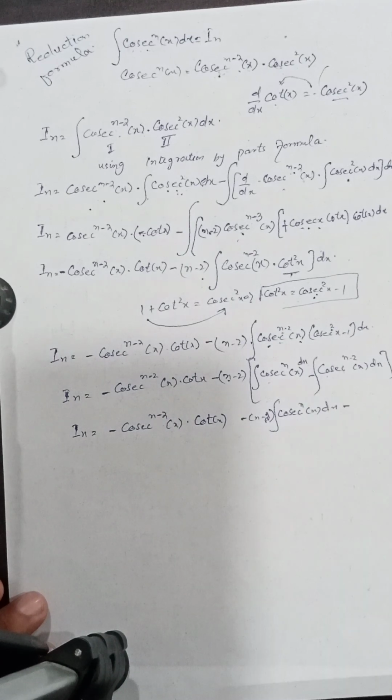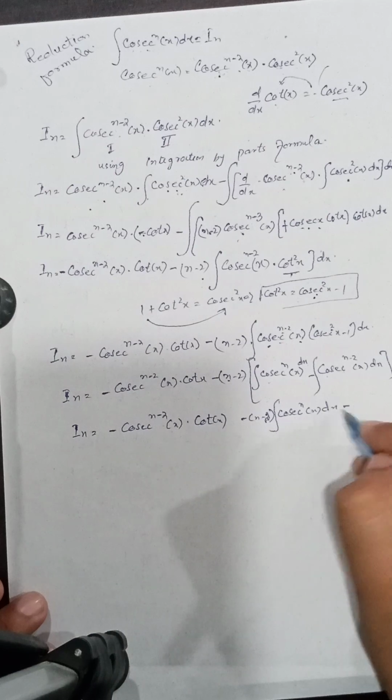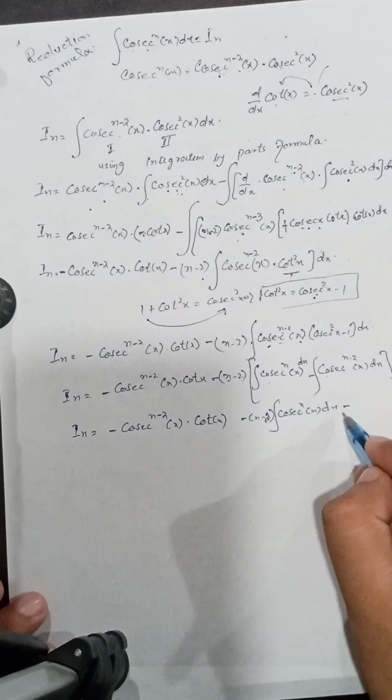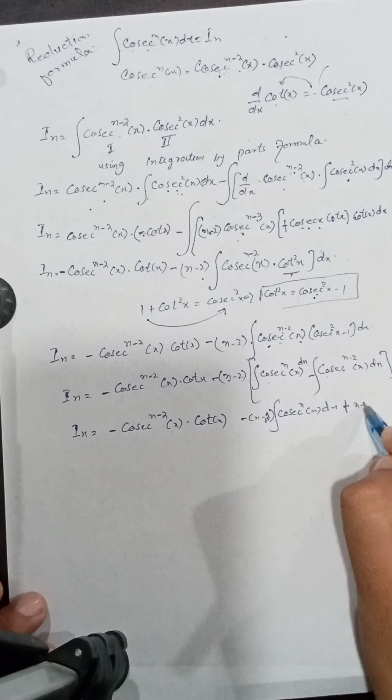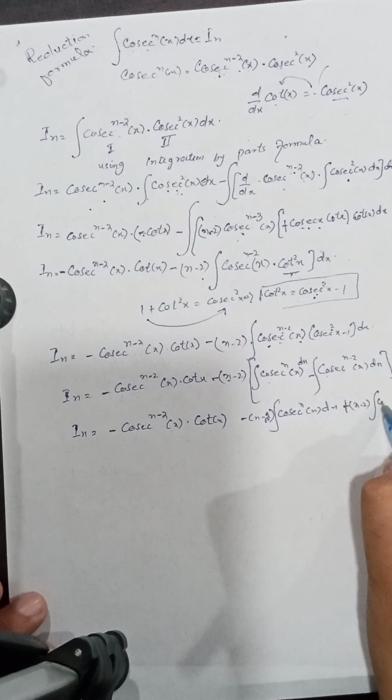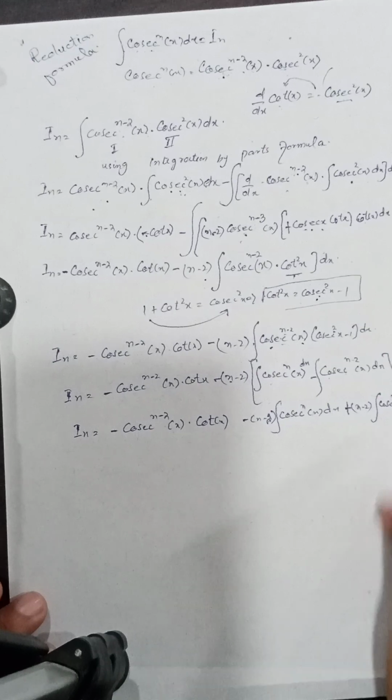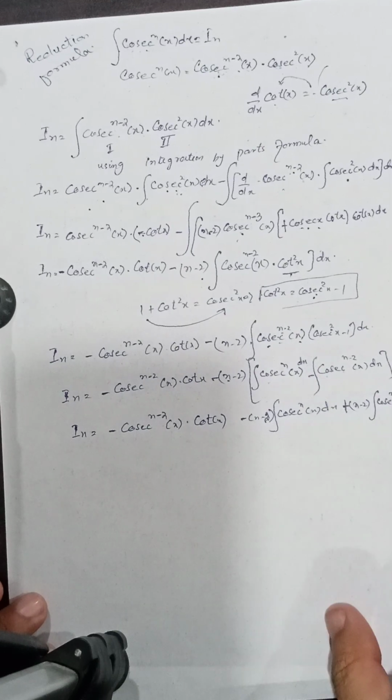minus, and with this minus it is plus, so n minus 2 times the integral of cosecant^(n-2) of x with respect to x.